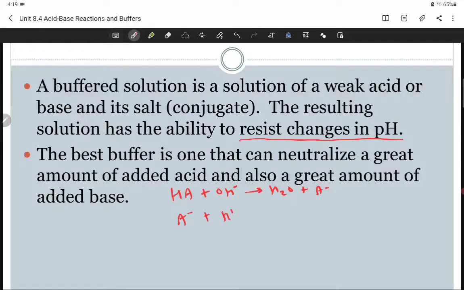If you would throw some acid in there, it would get neutralized. So that is how it resists pH change. As long as you have a significant amount of both the HA and A minus, you have a great buffer. If you have lots of one of those parts but hardly any of the other, it's not a very good buffer.